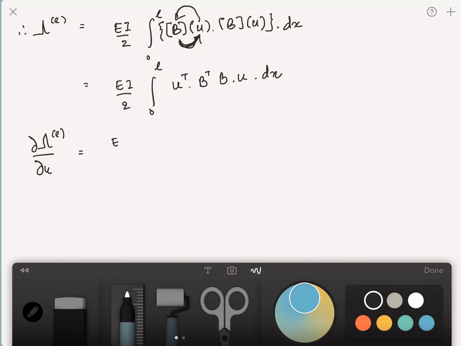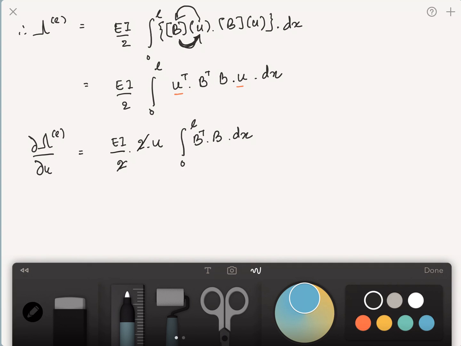So we know that the U does not depend on X actually, so we can get it out. So you have EI by 2 and you have 2 times U here. Generally if you would break it out into an equation, you would always get a U square. So instead of using that, we will just make this U square instead of U transpose U. That means we will end up with 2 times U as a partial differential, and what is left over is the integral of 0 to L B transpose B dx.